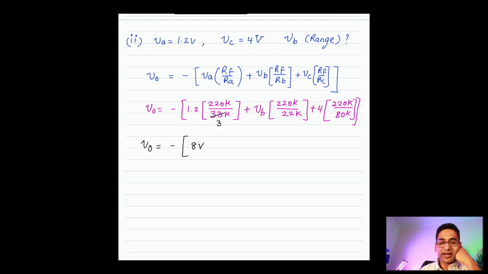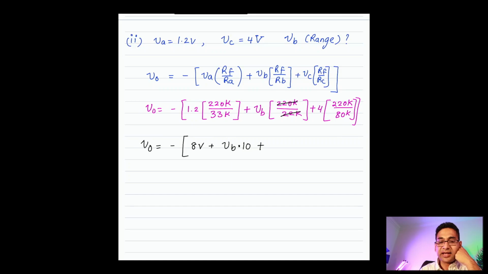That's the simplification there. Plus, I'm going to leave VB as is, and all of this goes to a factor of 10, since 22 multiplied by 10.